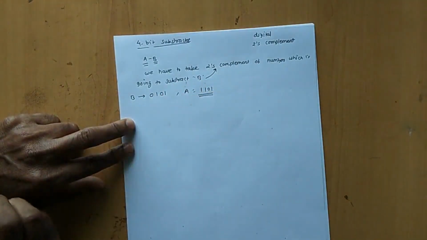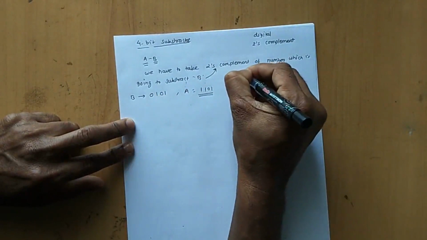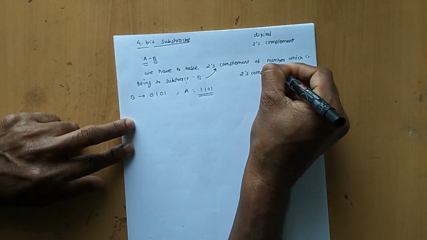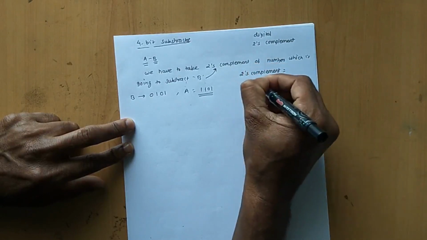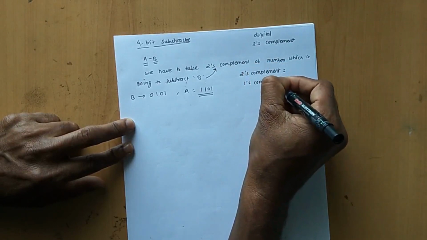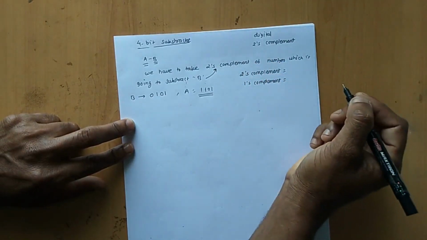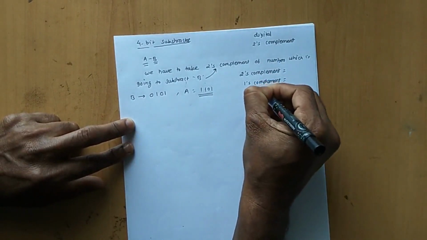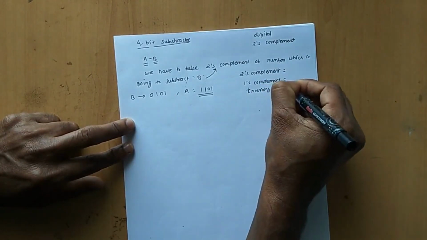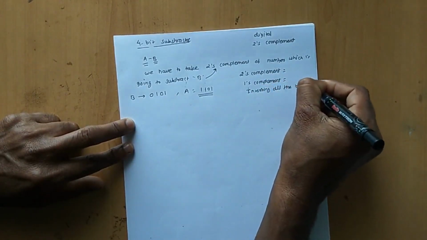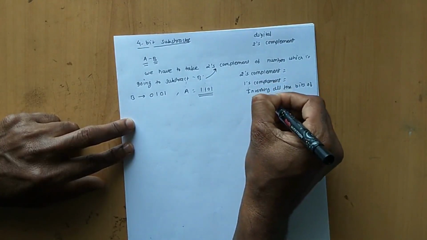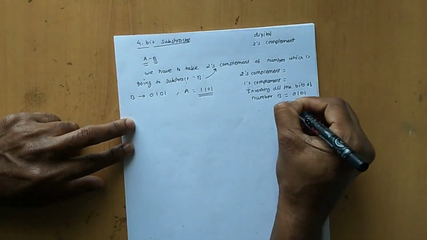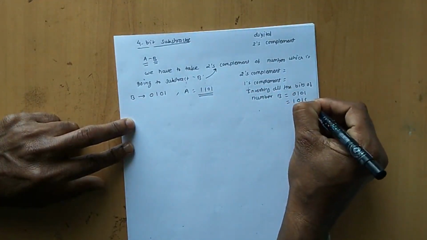This is the number A. So for the number B, first take 2's complement, and 2's complement is calculated by first getting the 1's complement. How is 1's complement calculated? The 1's complement is calculated by inverting all the bits of number B. So number B is 0 1 0 1, and after 1's complement it will be 1 0 1 0.